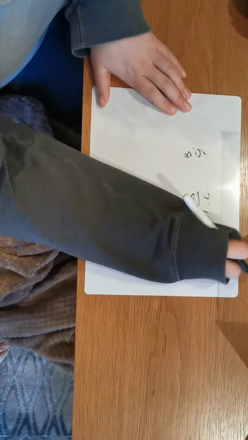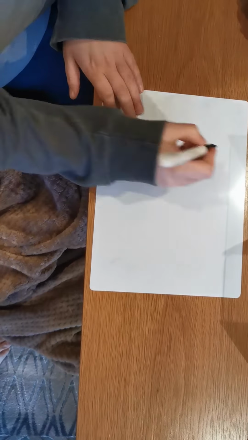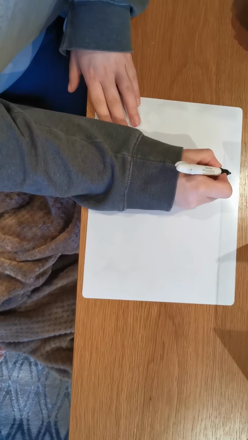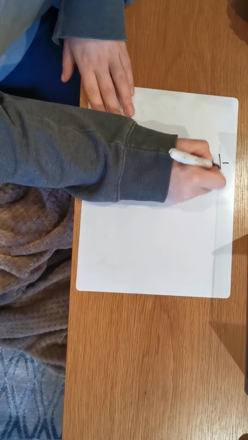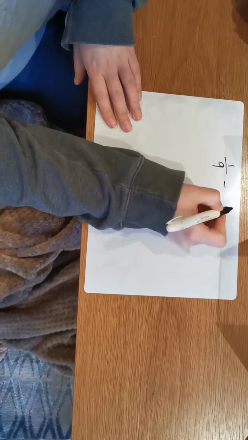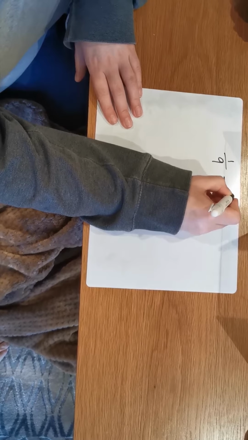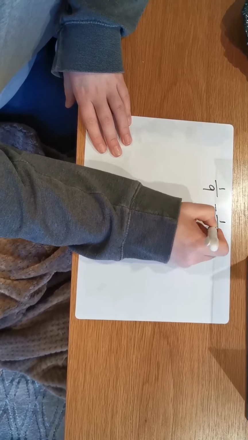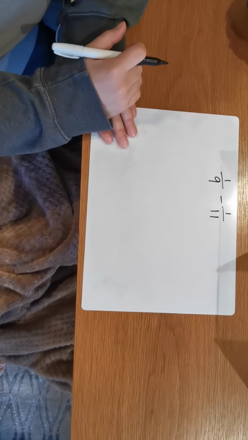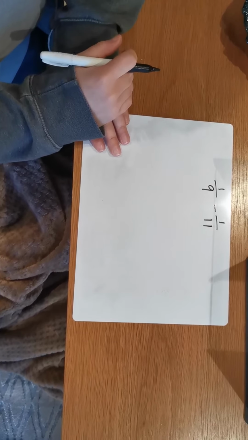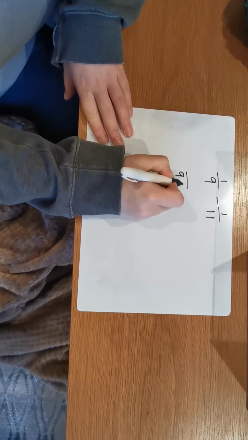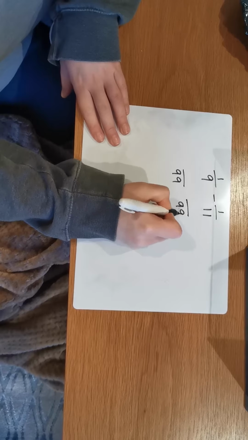Okay, right, stepping it up a bit further. Sometimes I might have to change both of the fractions to make the denominator the same. So for example, if I had 1/9 subtract 1/11, in this case I'd need to turn them both into 99ths, would be a common multiple.